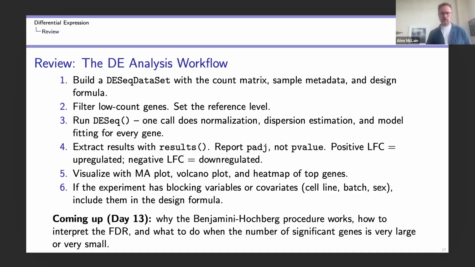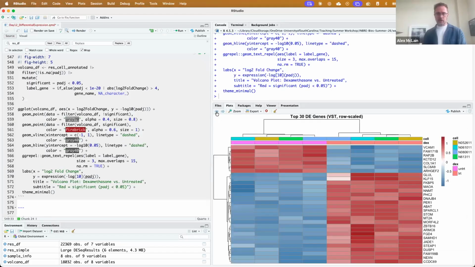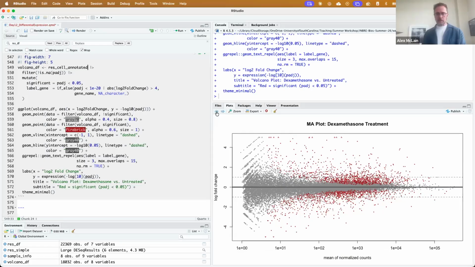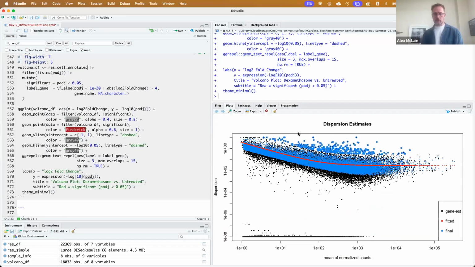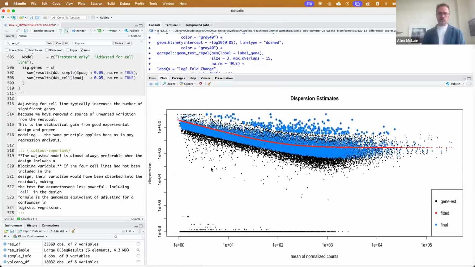Then we run DESeq. In one call, it normalizes because it accounts for the fact that the sequencing depth is not the same among all samples. It does the dispersion estimate. So again, that is where we estimated the dispersion, and then we had a little corrective factor here to increase the stability of those estimates.